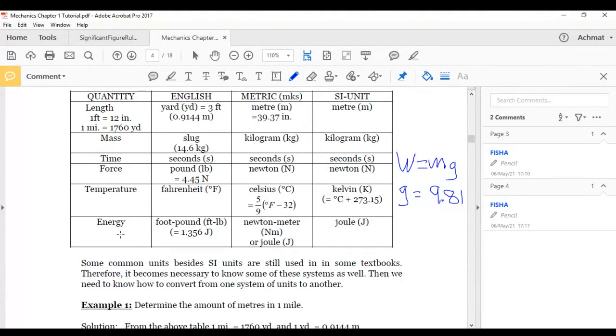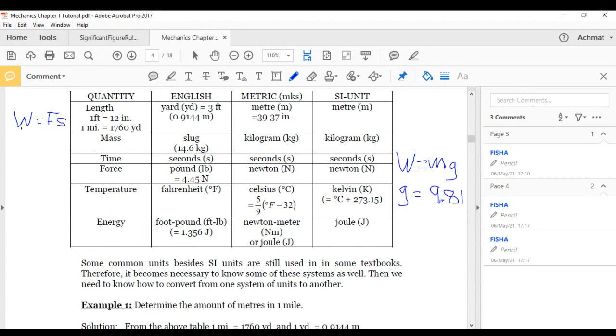Energy, remember we say here, energy, we think of work done. Work done will be equal to, we also have W for work done, sorry for that confusion. That is a force multiplied by distance, right? Force multiplied by displacement, while that force is applied. So that will be newtons, and that will be meters, right?